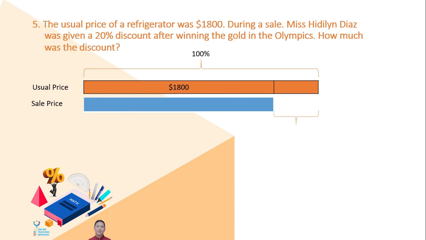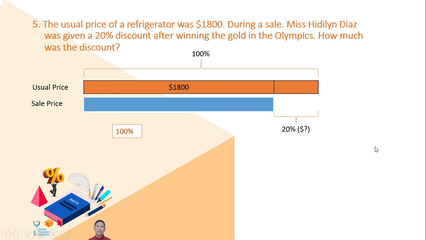So the question is, how much was the discount? If we subtract 20% from 100%, that is the selling price, which is the 80%, but that is not what is asked. What is asked is how much was the discount, and the discount is represented by the 20%.